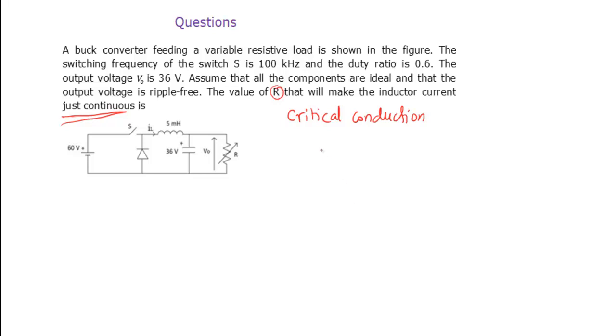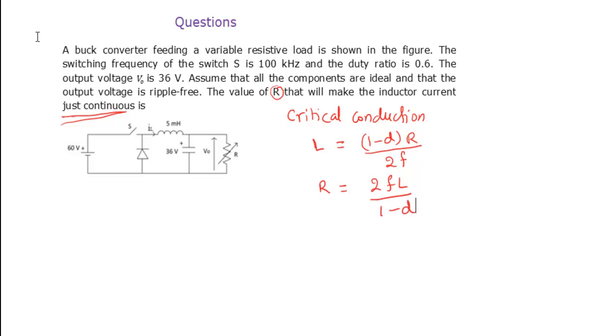So we need to use the same equation we discussed. Critical inductance is nothing but (1 minus D) R divided by 2F. So from this we need to take out the R. So R equals 2FL divided by 1 minus D.